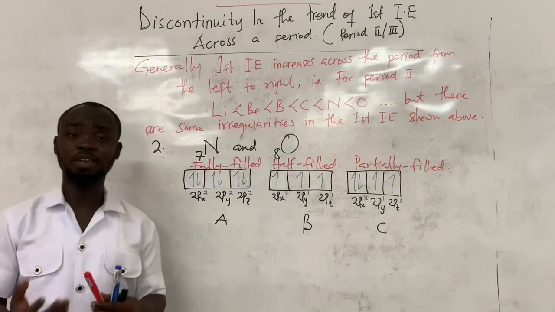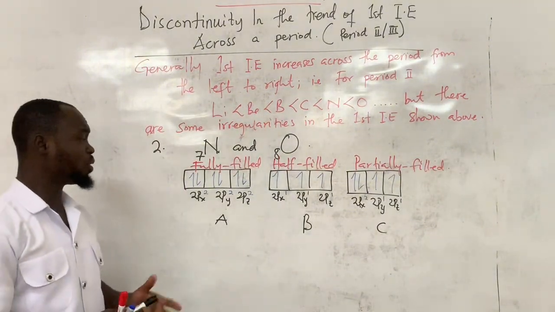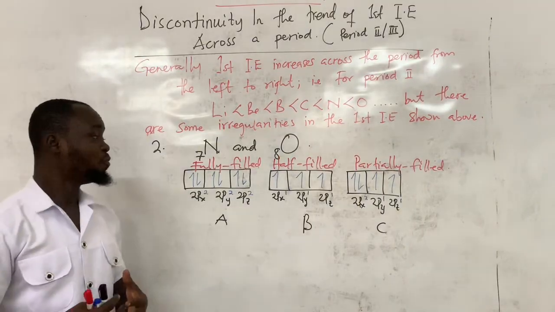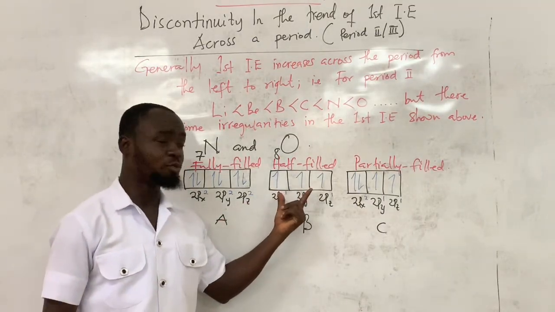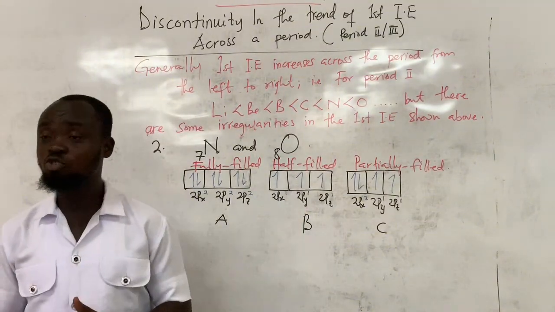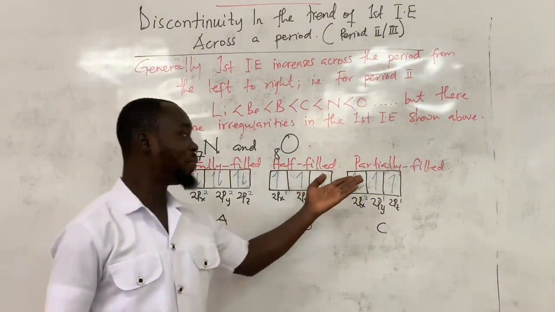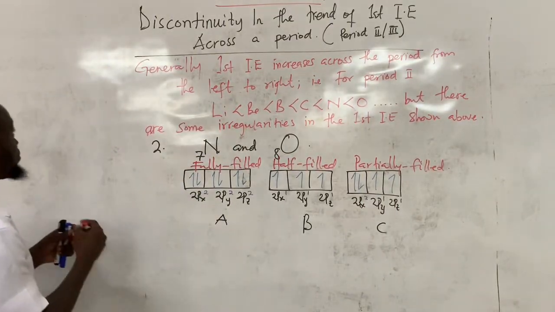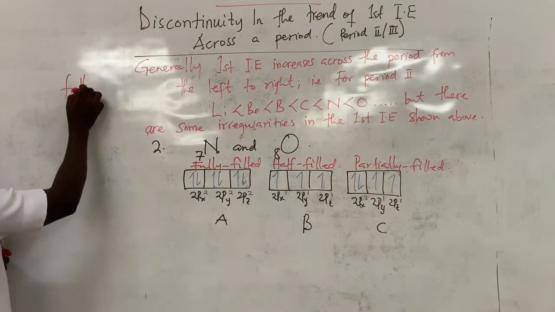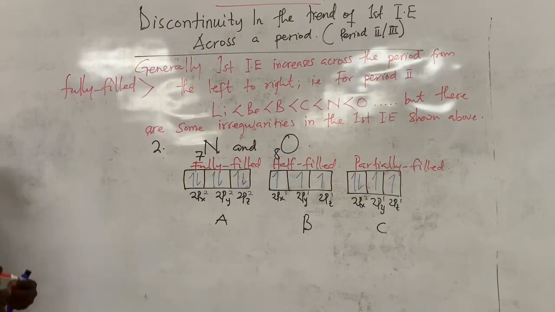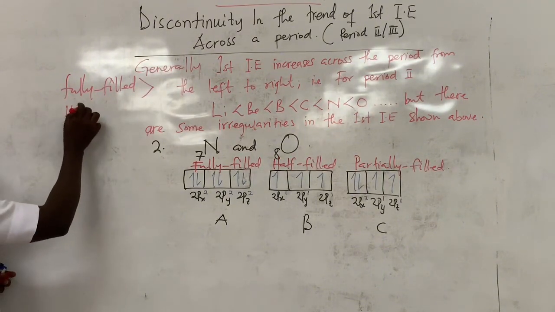In terms of stability, fully filled atomic orbitals are very stable, followed by half-filled atomic orbitals. And half-filled atomic orbitals are also more stable than partially filled atomic orbitals. Please don't forget, fully filled is greater in terms of stability than half-filled.